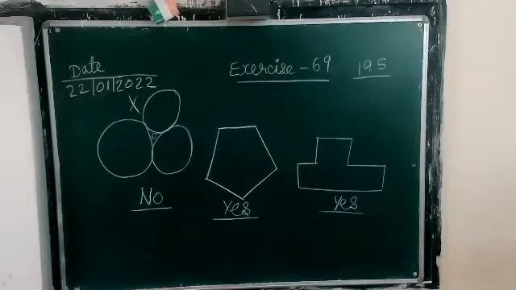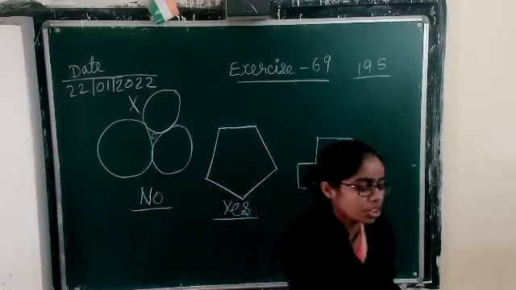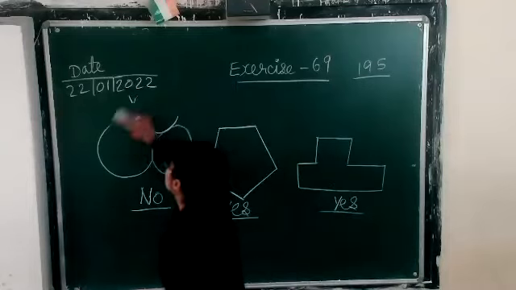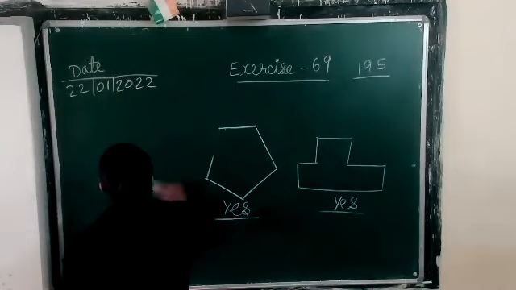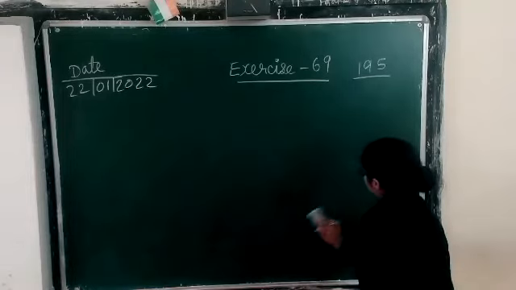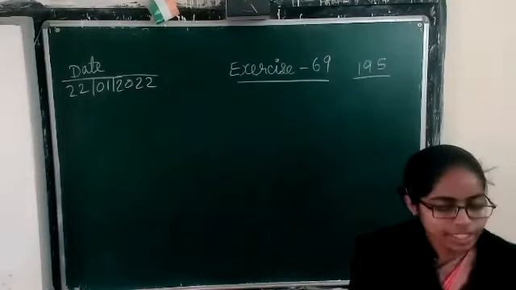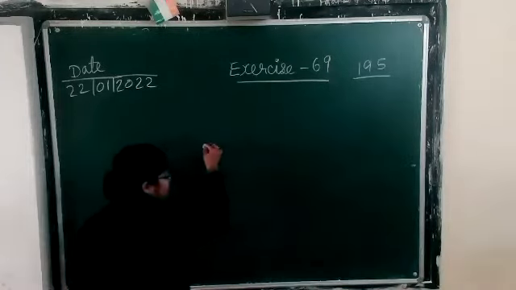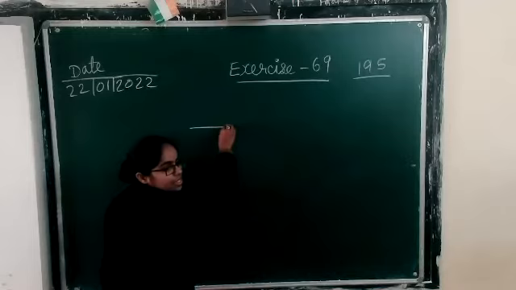No need to draw, but in order to make you understand, I am drawing. So first figure yes, second figure yes, third one no. Now look at the fourth figure which is given in the book. Look at the fourth figure.